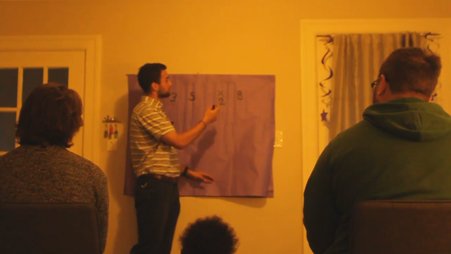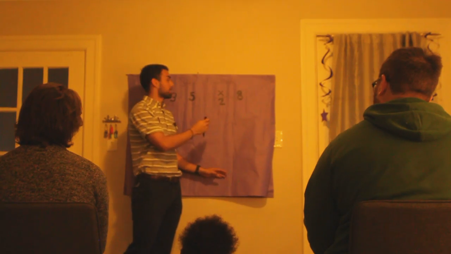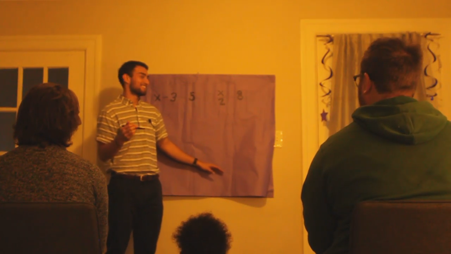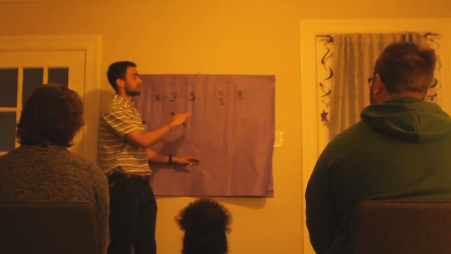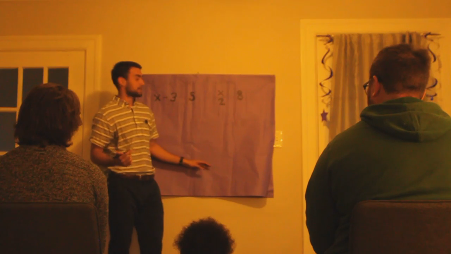On this side, it's a little bit different. We have x divided by a number. So if x is being divided by a number, what do you think should be our first step to isolate x? John? Since it's being divided, I think you should have to multiply by that number too. Right, so we can multiply, and the same thing as earlier, we'd multiply so that it would cancel out and we'd have x left by itself.